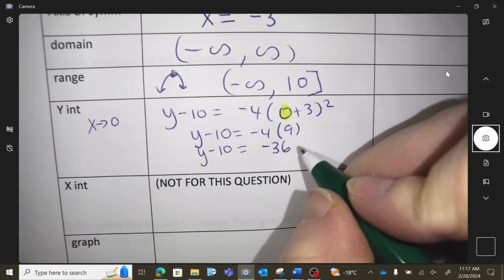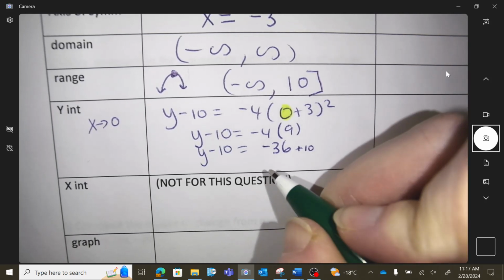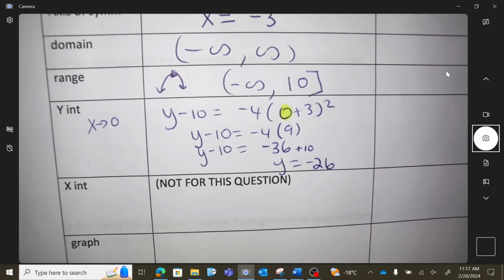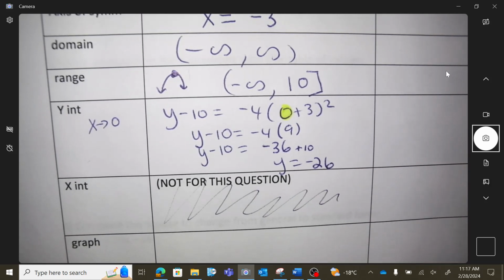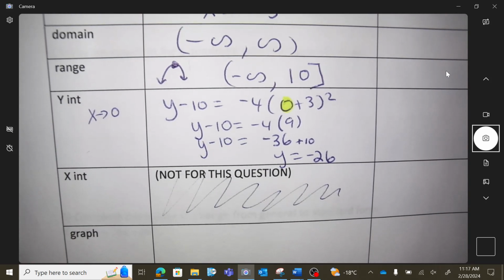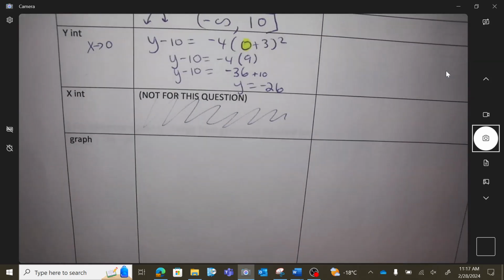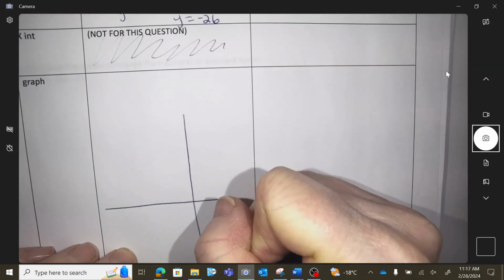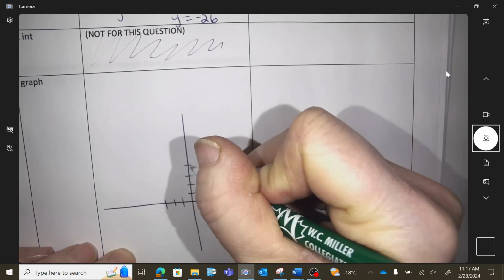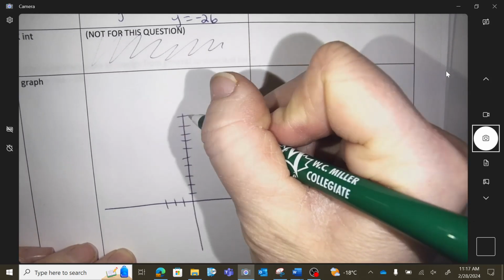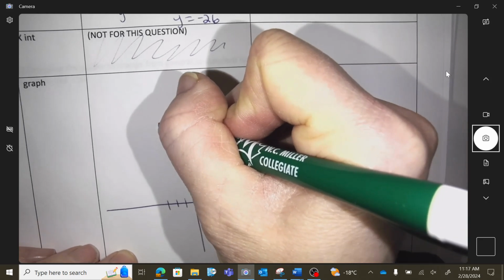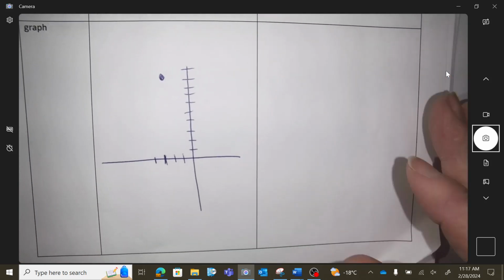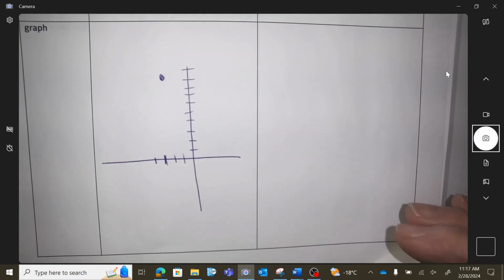And then I would have to add 10. So -26. And then I'm not asking you for that. So -3, 10 is the vertex.